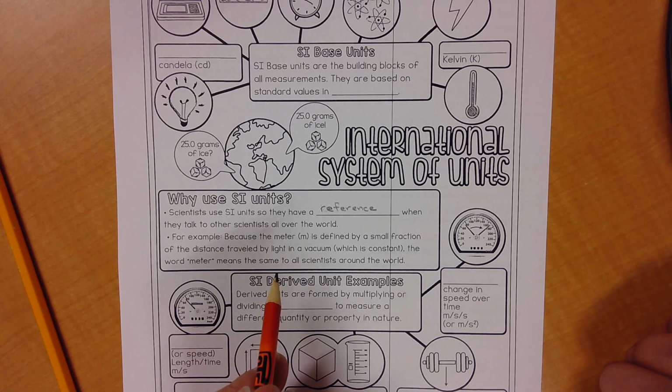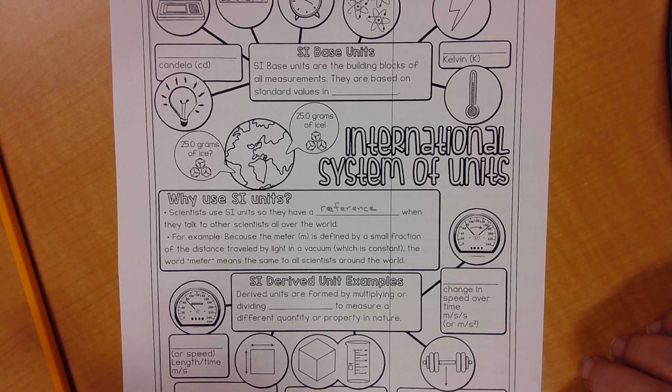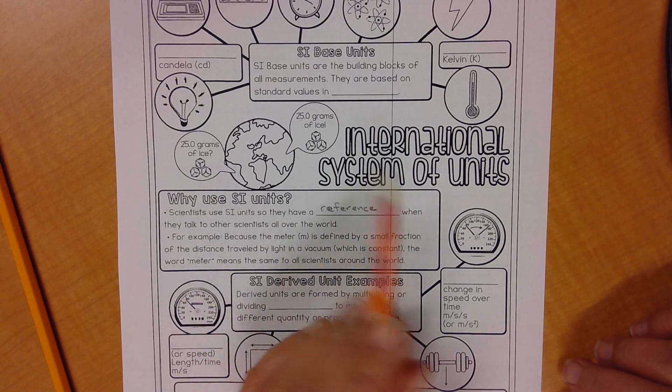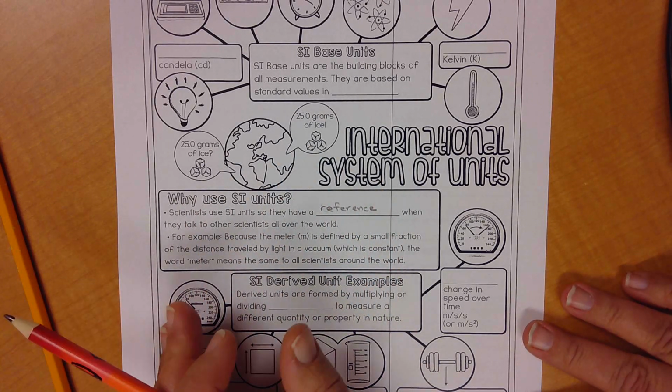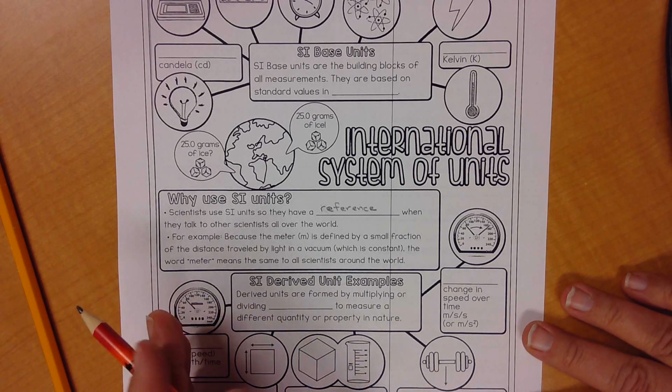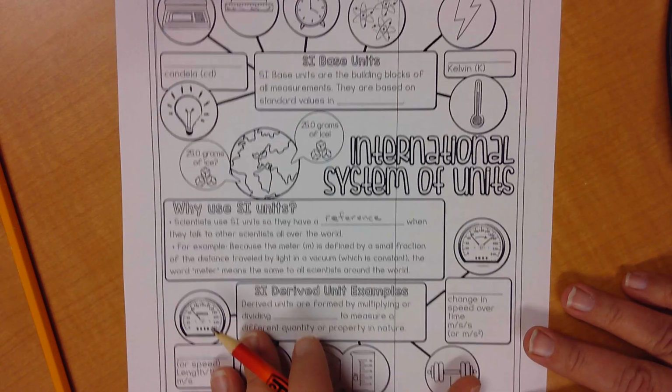It's very difficult if we're talking degrees Fahrenheit, and then in another country they're talking degrees Celsius. It gets lost in translation. So it's super important that everyone's speaking the same language, and this is the language of unit measurement in science.